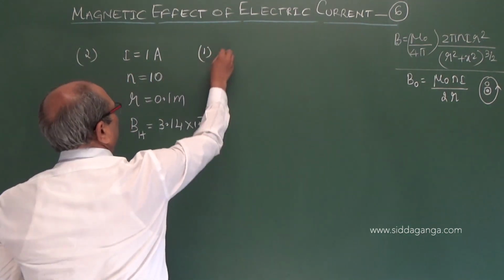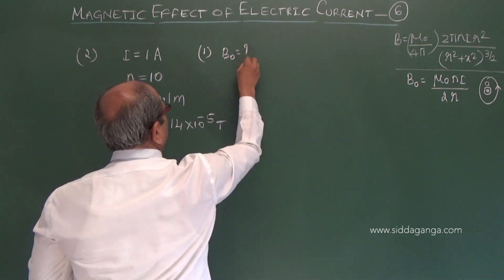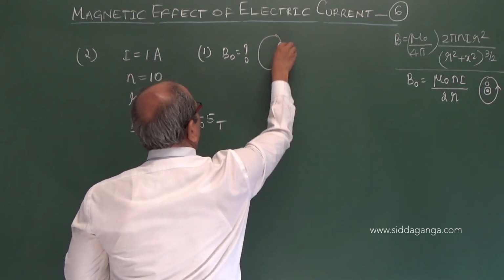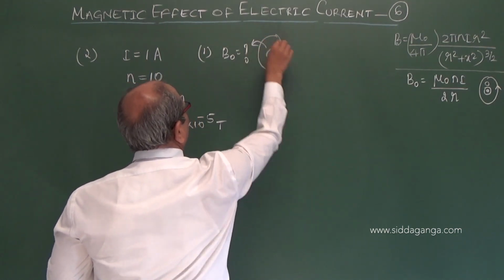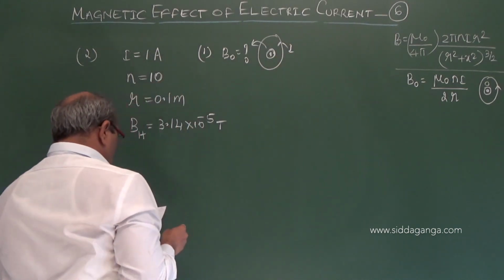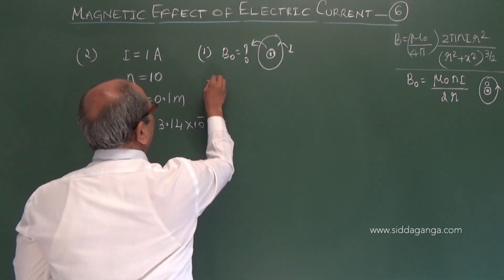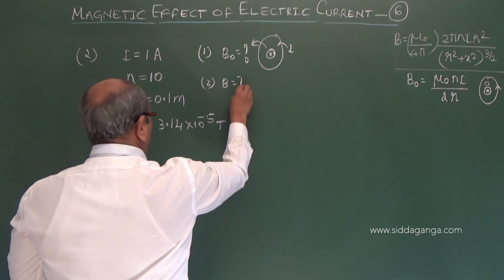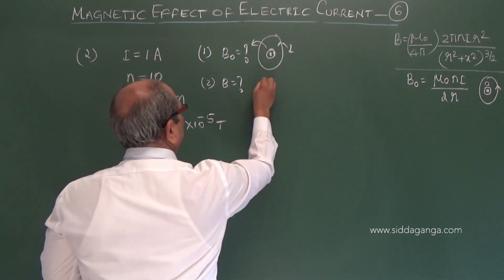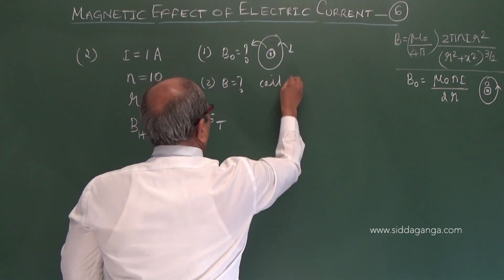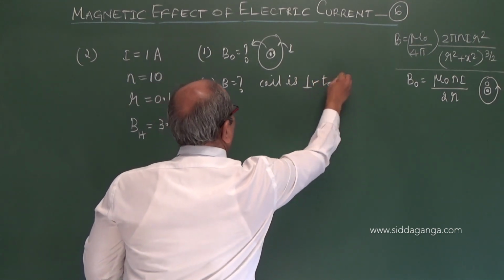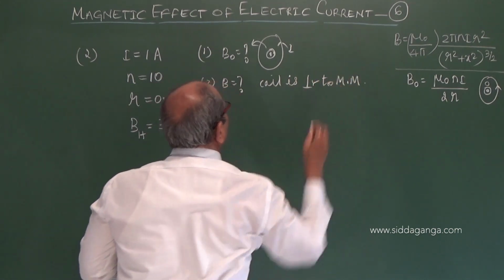First, you have to find B0, how much it is at the center of the circular coil carrying current. Second, what is the value of B when the coil is perpendicular to the magnetic meridian.